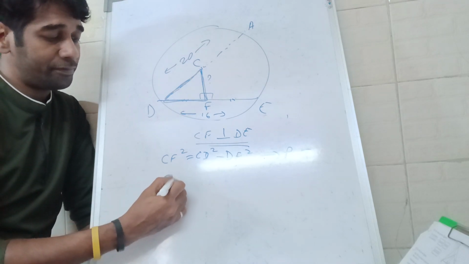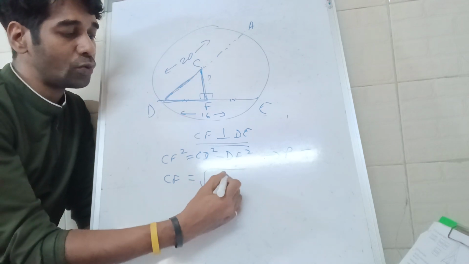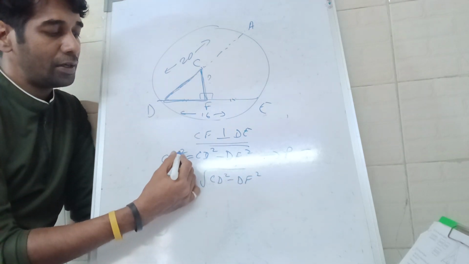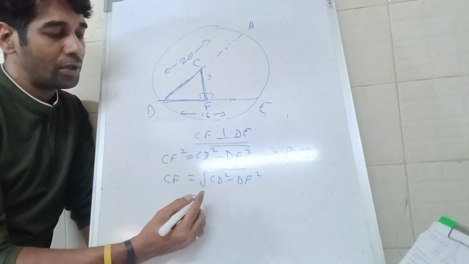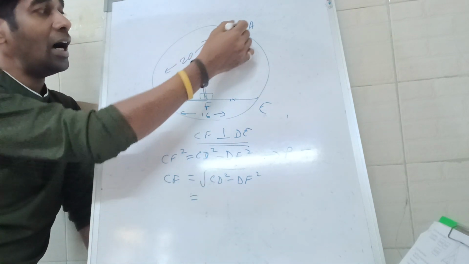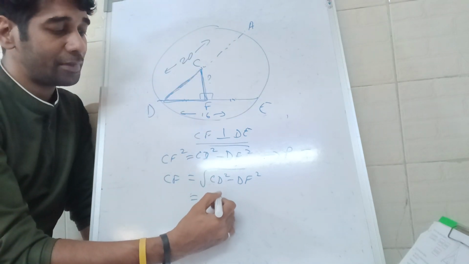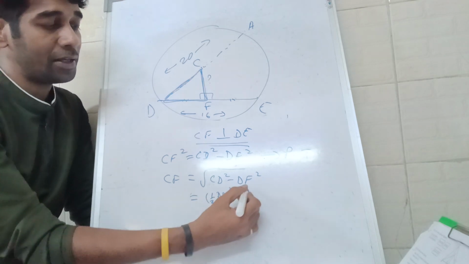Now CF to be found is equal to square root of CD square minus DF square. Take the square to the right hand side to become square root. Now CD is how much? Half of DA, that is the diameter, minus DF.